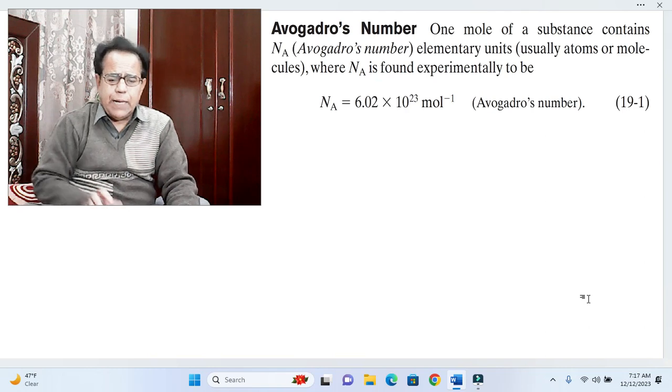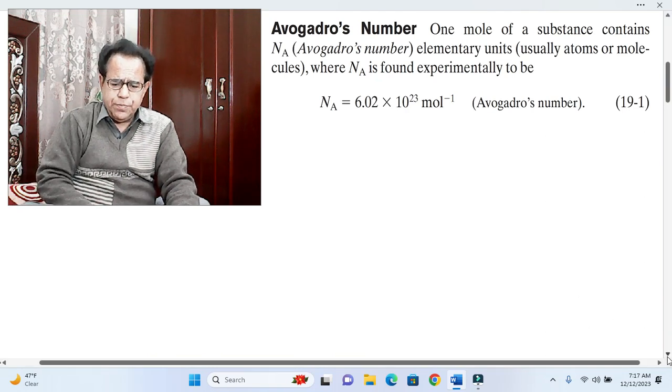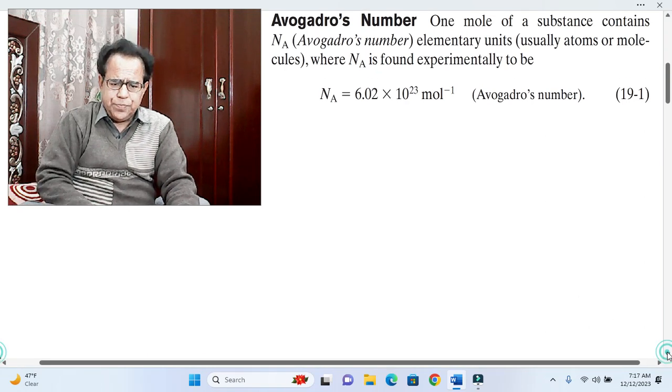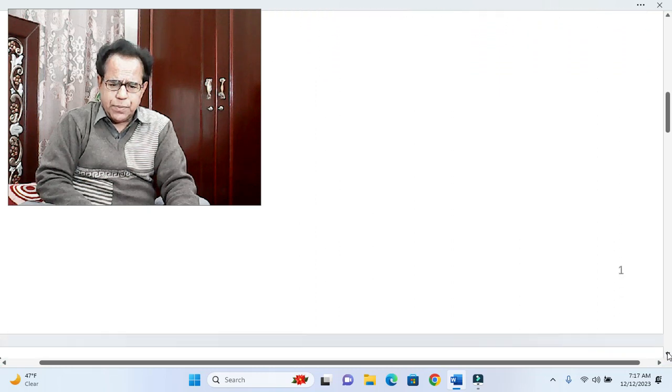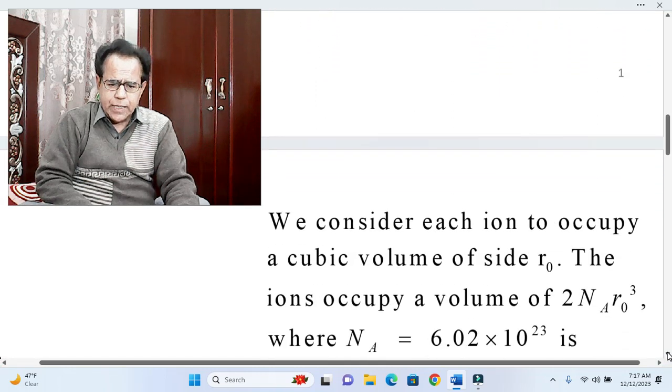This is the definition and concept of Avogadro's number.